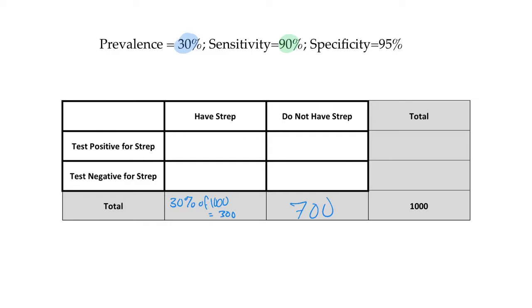So of the 300 people who actually have the flu in our testing, this test will, for 90% of those, give us a positive result. So what we want to do is take 90% of 300. So 90% of 300 is going to be 270 people.